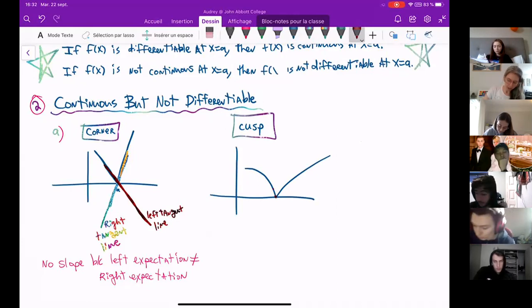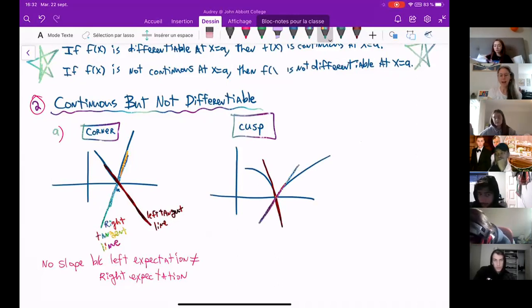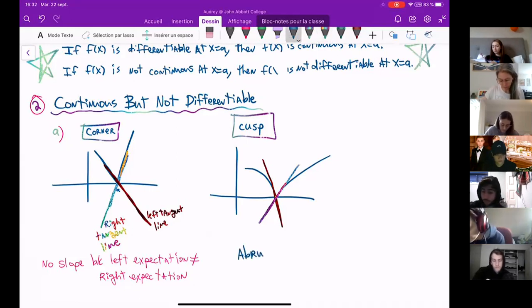And it has the same issue: if I use the left side to guide my tangent line versus the right side, I have a different slope. So cusps and corners, another way of talking about them is by saying they are an abrupt change in slope.